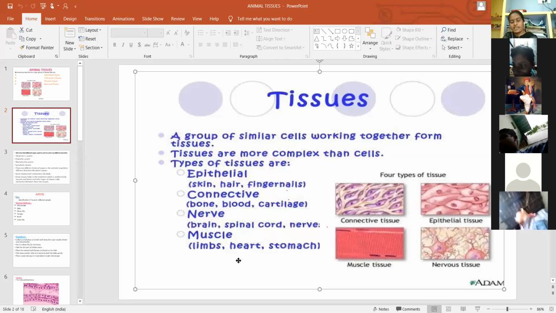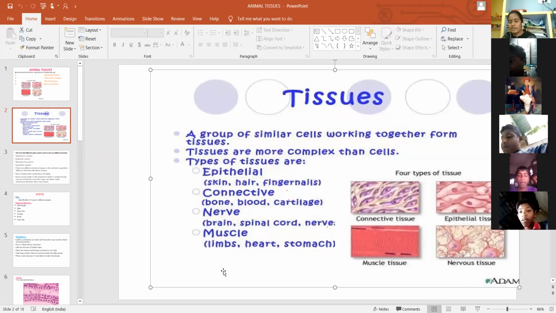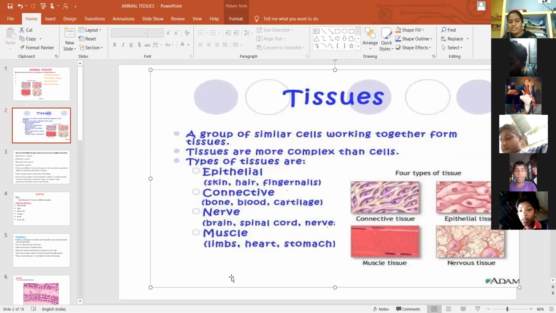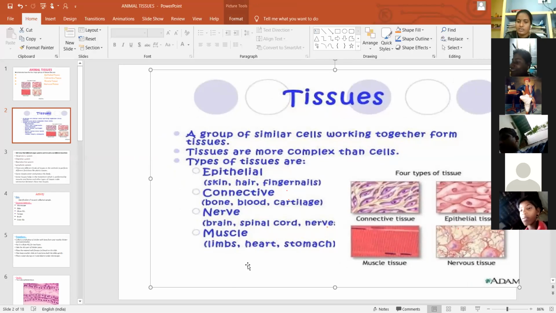Next, the muscle tissue. Where is it present? The muscle tissue is present in limbs, heart, and stomach.